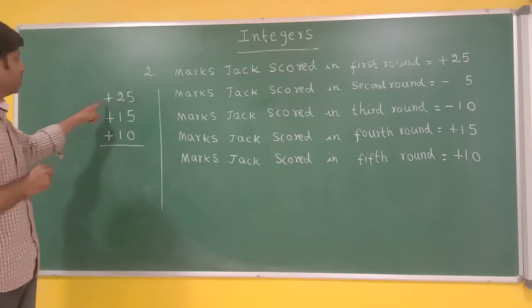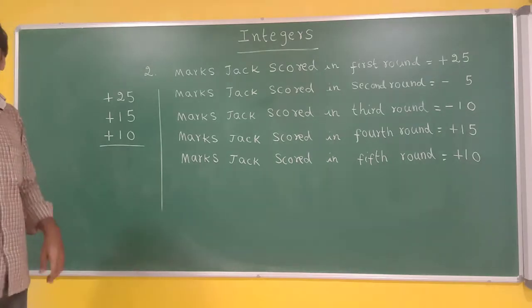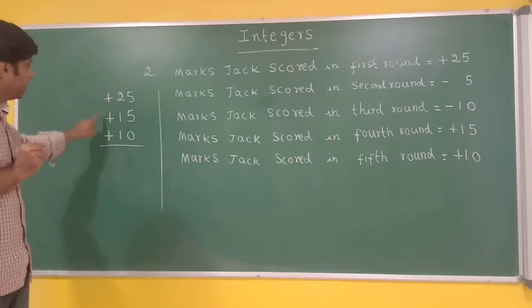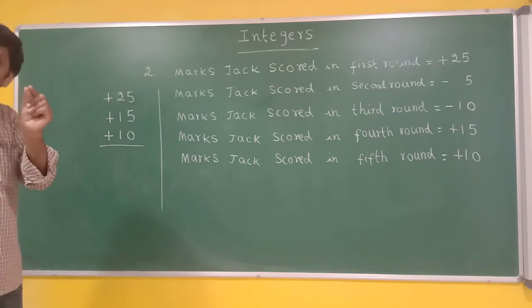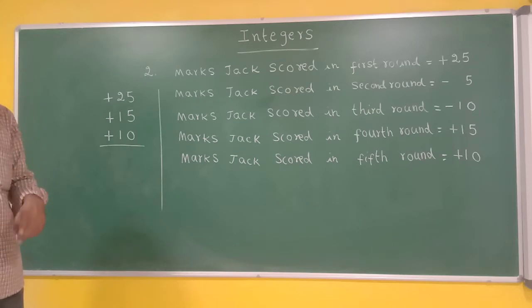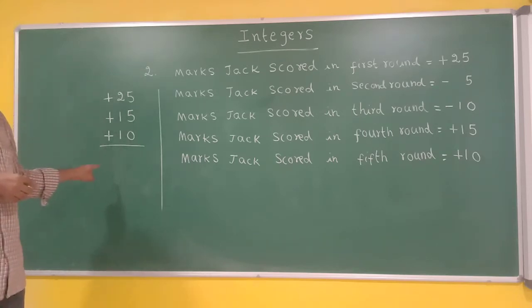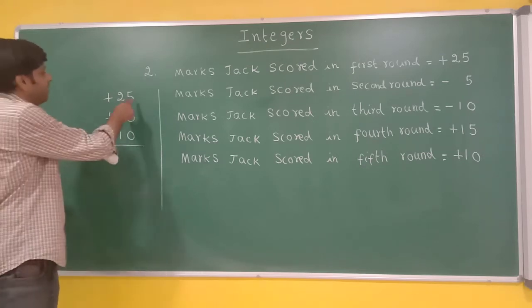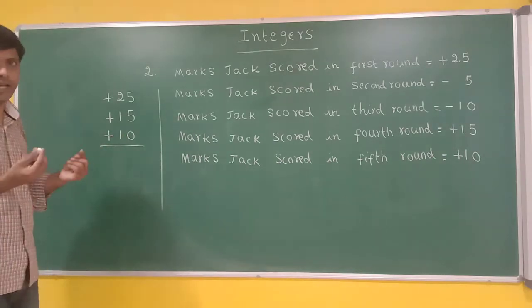I told you already, when the numbers have the same sign, we should do addition. If all the numbers have a positive sign, we do addition. If all the numbers have a negative sign, we also do addition. Same sign. So I am going to add these three numbers. 5 plus 5, 10. 10 plus 0, 10.